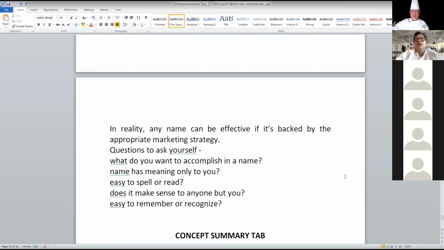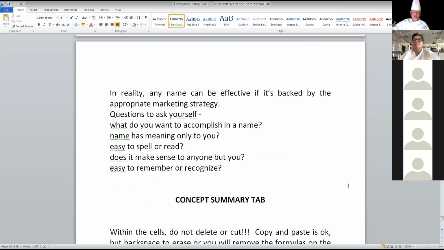In reality, any name can be effective if it's backed by the appropriate marketing strategy. Questions to ask yourself. What do you want to accomplish with the name? Is the name meaningful only to you? Is it easy to spell and read? Does it make sense to anyone but you? Is it easy to remember or recognize? You want them to remember your name so they can come back time after time. You want those loyal customers to come back. Okay.